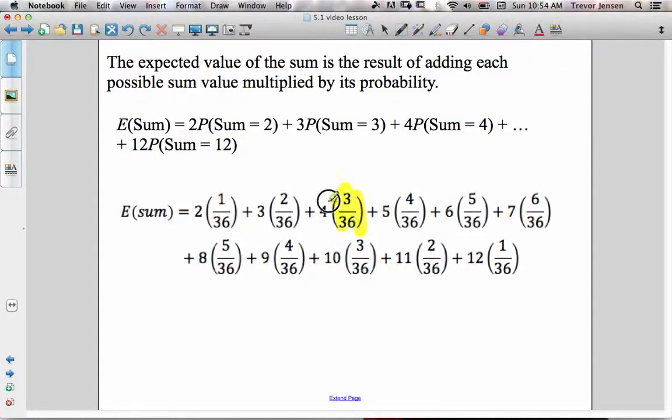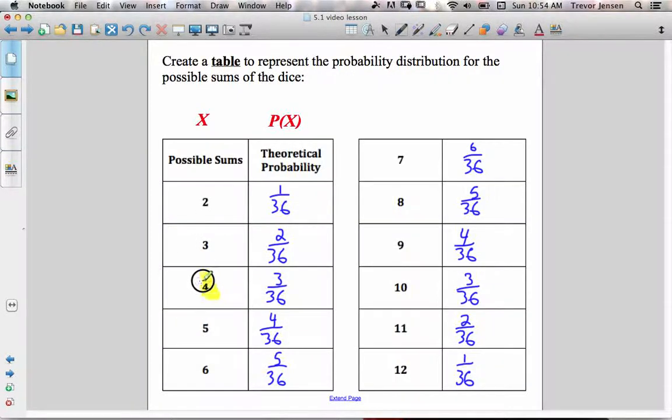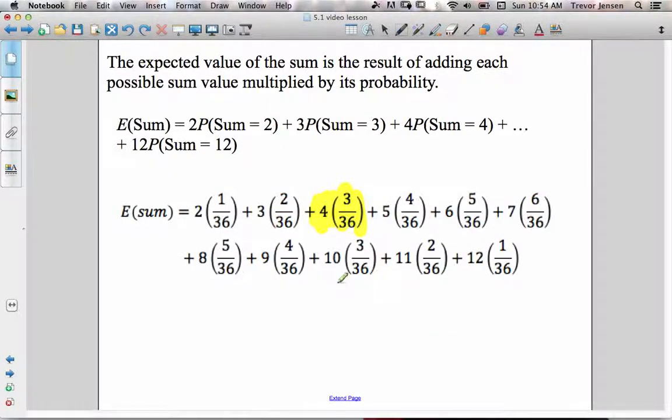Why are these two paired together? Well, because I could get a sum of 4, and the probability of that happening is 3 over 36. If you look back at your table, 4 times 3 over 36. And then next would be 5 times 4 over 36.